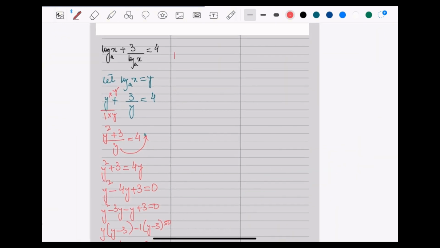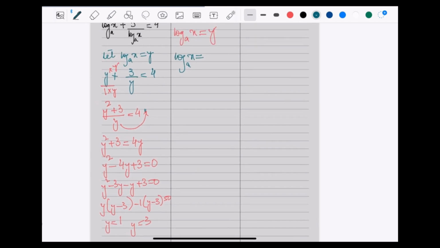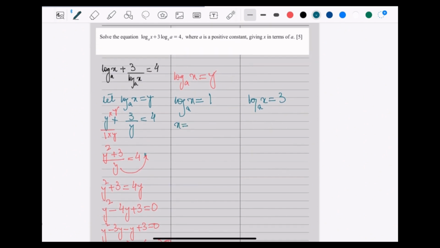So we know that since we took log a of x as equal to y, log a of x is equal to 1 and log a of x is equal to 3. So x is equal to a to the power of 1, taking the antilog, and x is equal to a to the power of 3. These are the two answers.